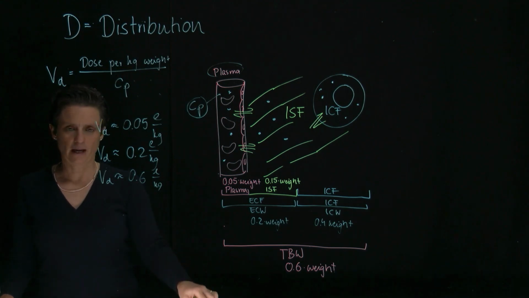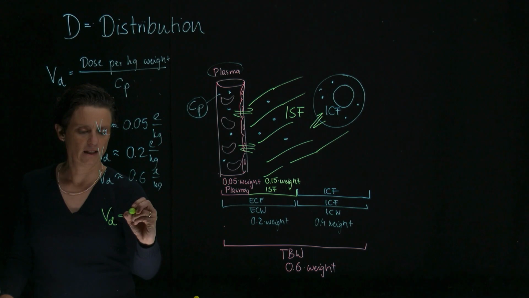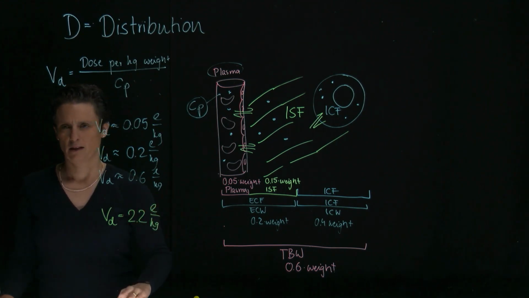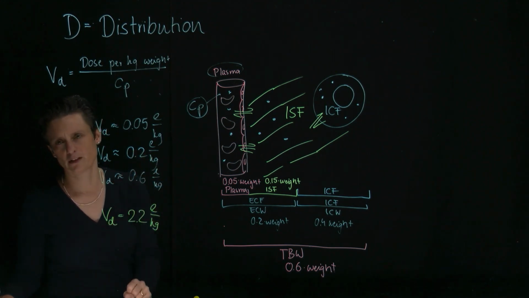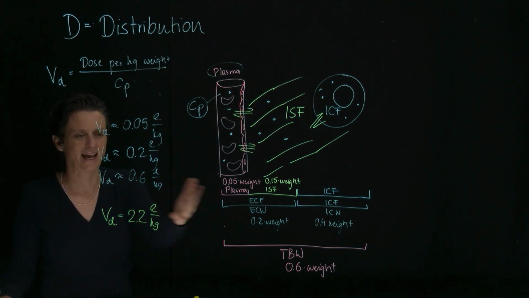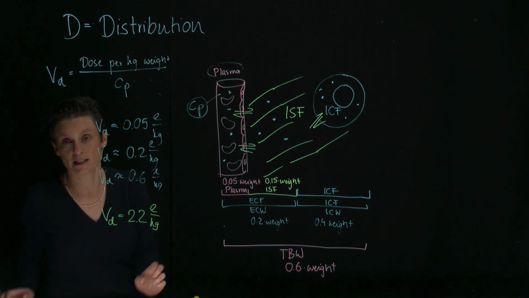Now, let's imagine you're dealing with a drug that has a Vd of 2.2 liters per kilogram. Now you may say, wait a second, my volume of distribution is bigger than all my body water, because I have only 0.6 liters per kilogram. Well, what does it mean?